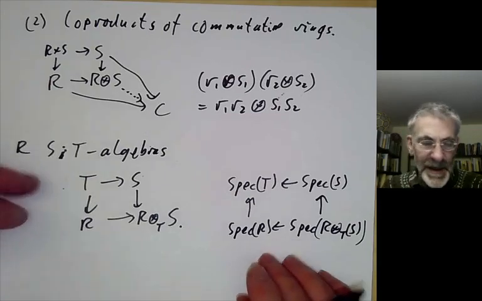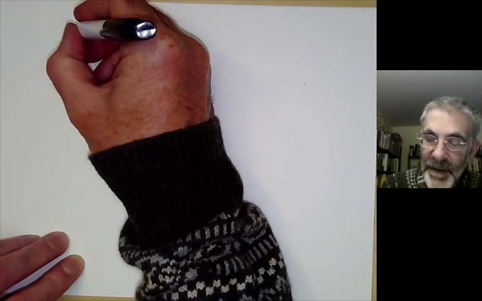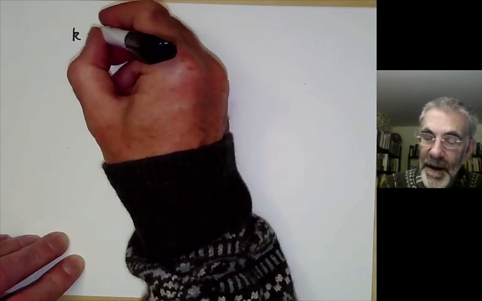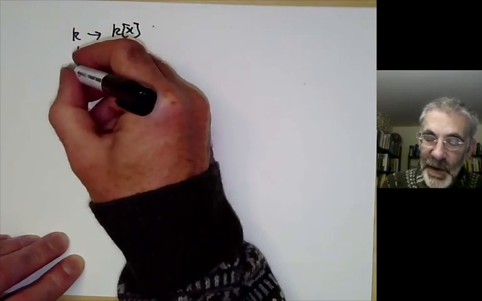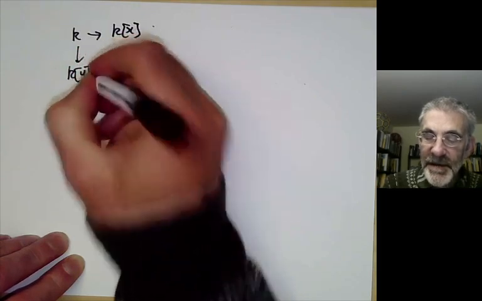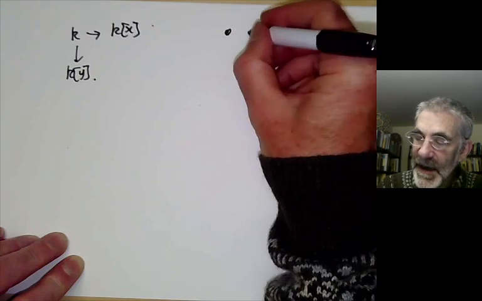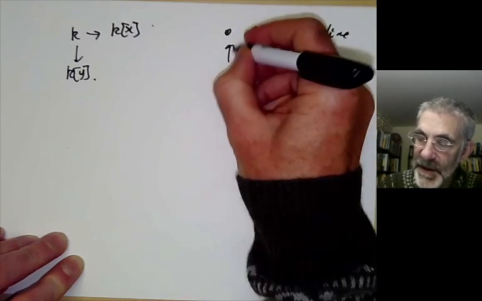And you can see an explicit example of this. Suppose we take a field K, and let's take the ring of polynomials over K, and let's take the ring of polynomials over K in a slightly different variable. So this would be like having a point and having an affine line mapping to the point.